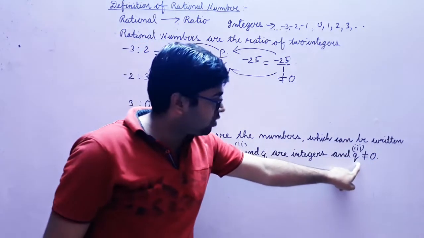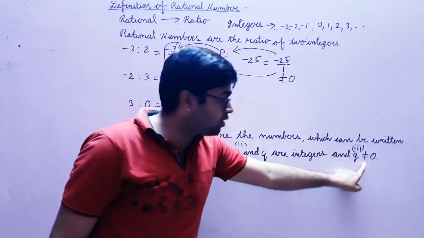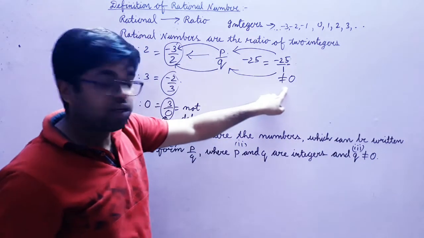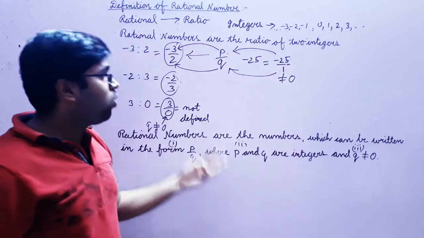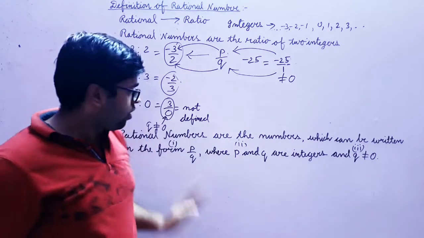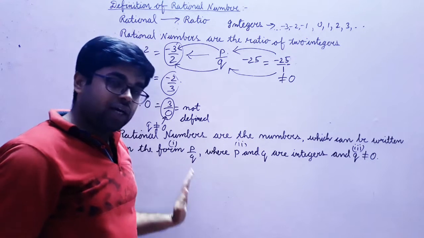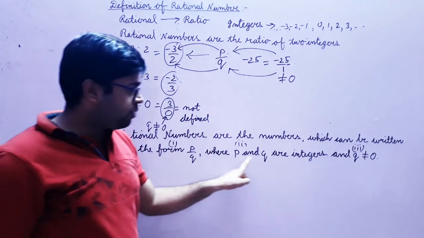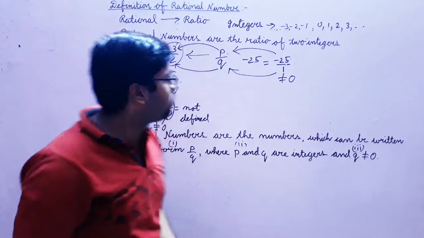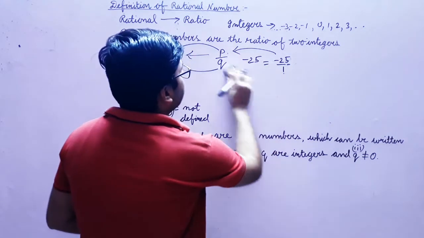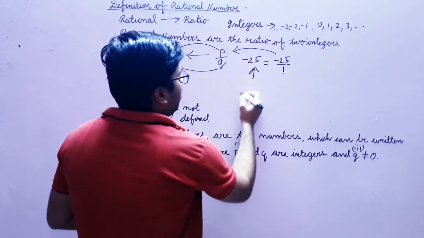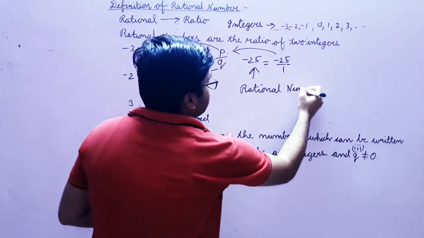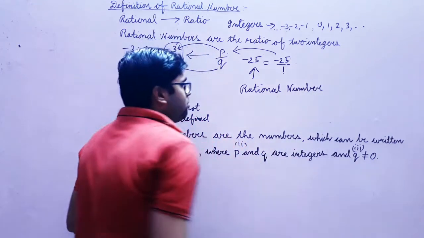Now the third condition: is q not equal to 0? Yes, q is 1, and 1 is not equal to 0. So all three conditions are satisfied, that is, the number can be written in the form of p by q, where p and q are integers and q is not equal to 0. So we'll call -25 a rational number.